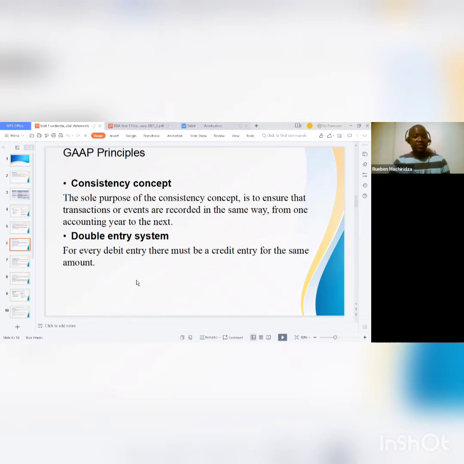The other principle that we apply when preparing the financial statements is the double entry system. This is very, very important as far as the accounting profession is concerned. The double entry system simply entails that for every debit entry, there must be a credit entry for the same amount.